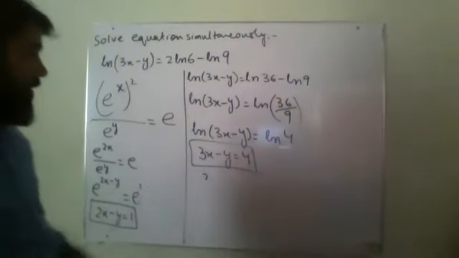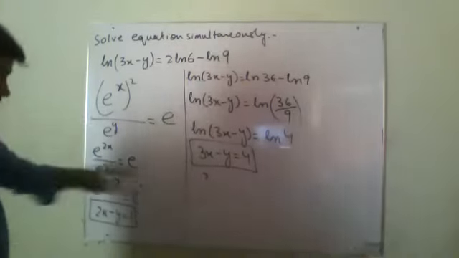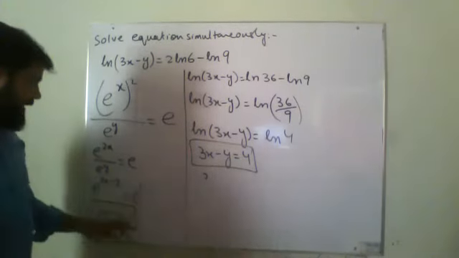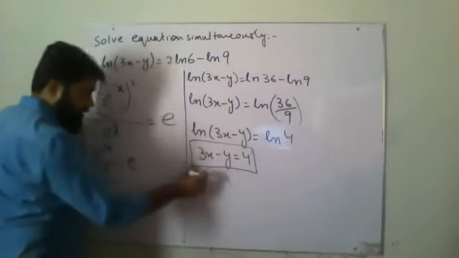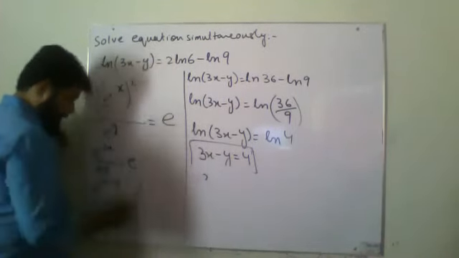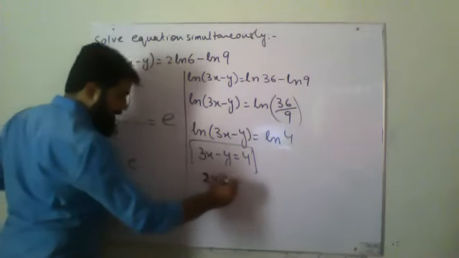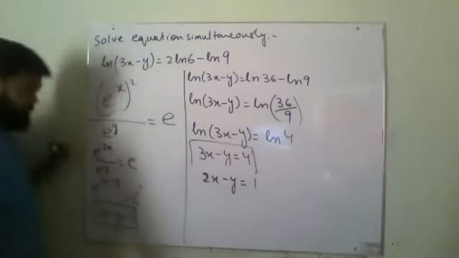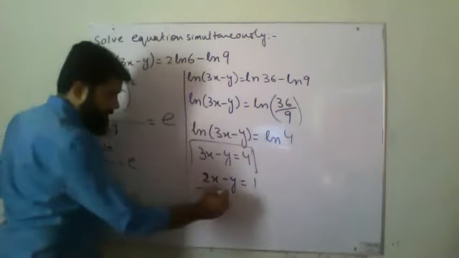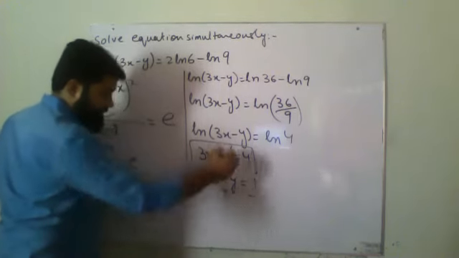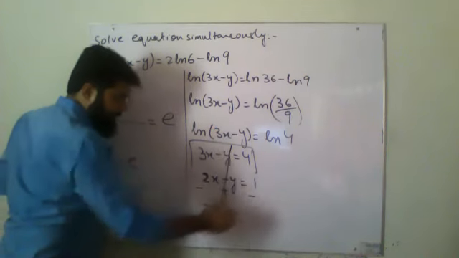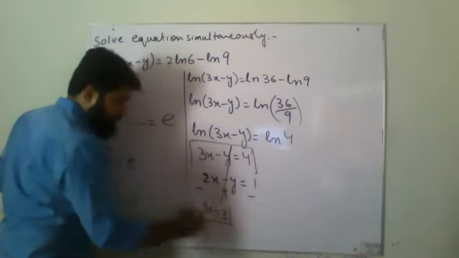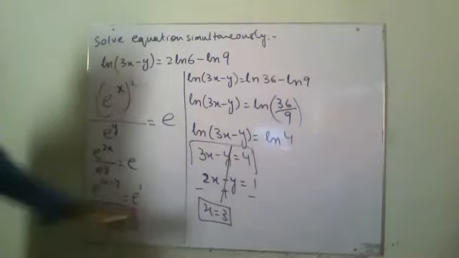These are the two equations which I have to solve simultaneously. How will I solve it? This is 3x minus y equals to 4, and this is 2x minus y equals to 1. Changing sign, minus, plus, minus. This will be cancelled. 3x minus 2x will be x. 4 minus 1 will be equals to 3. This is my value of x coming.